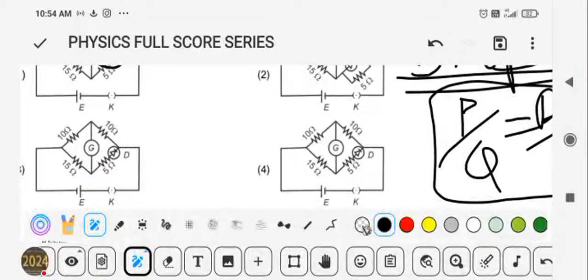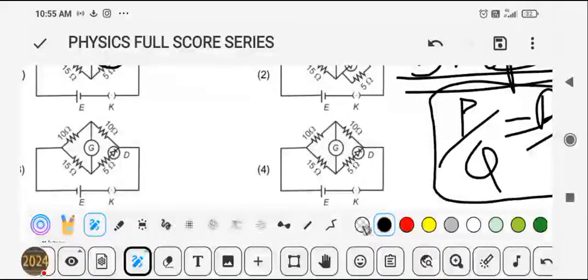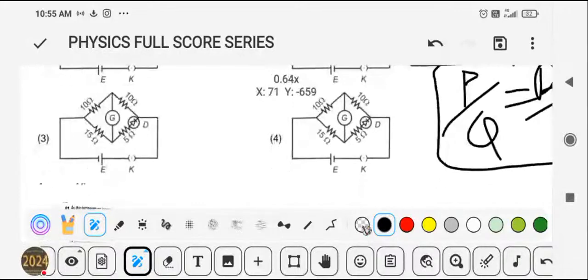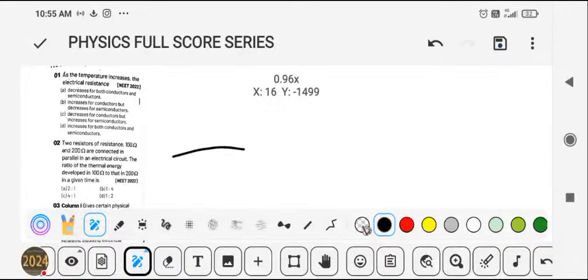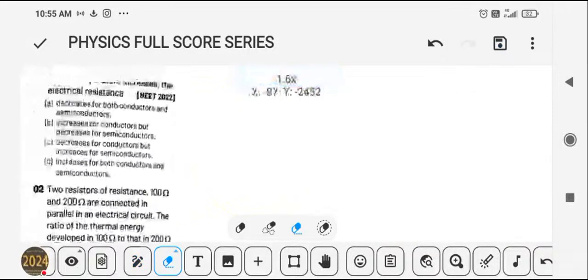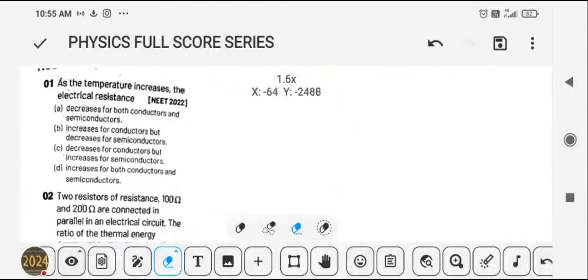In the third case, it is also forward bias, and the 10 ohm and 15 ohm cross link given is matching with the 10 ohm and 5 ohm. So the answer here will be the third. Okay. Yes, moving on to the next question.